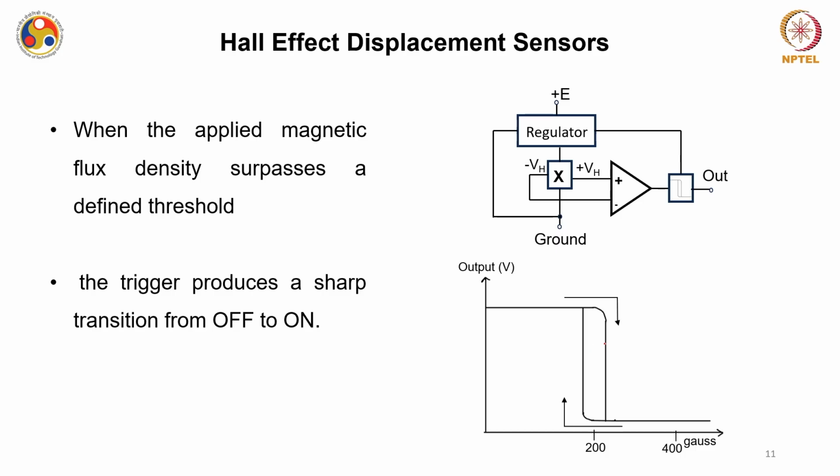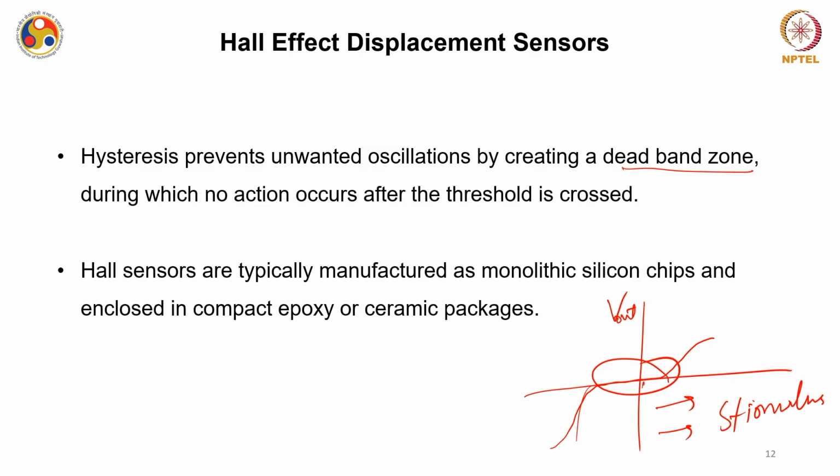It introduces a hysteresis which acts as a deadband, and this deadband sometimes helps to avoid unwanted oscillation or false positives when there is no action, or when there is some kind of vibration. So, this hysteresis prevents unwanted oscillation by creating a deadband zone during which no action occurs after the threshold is crossed.